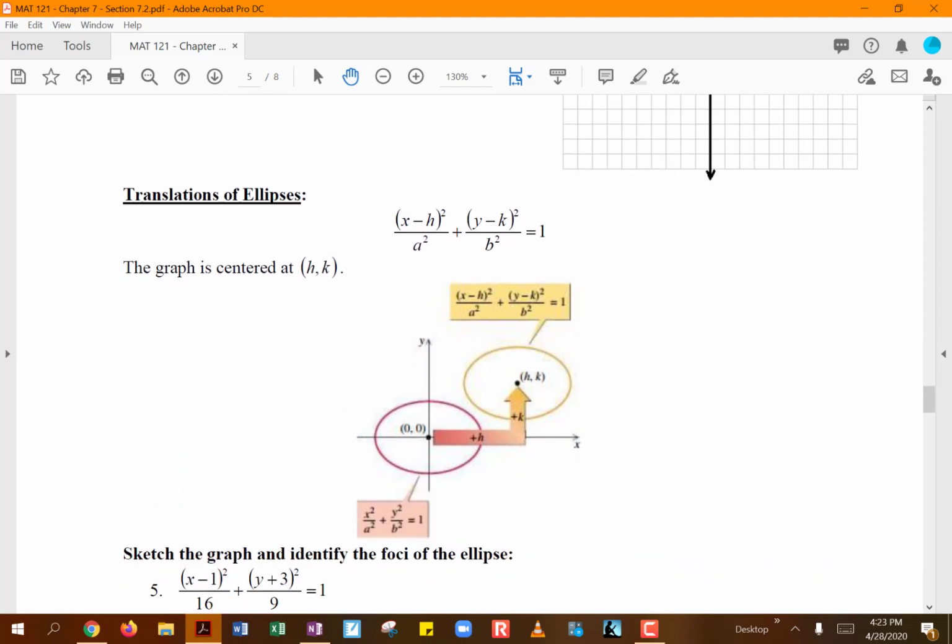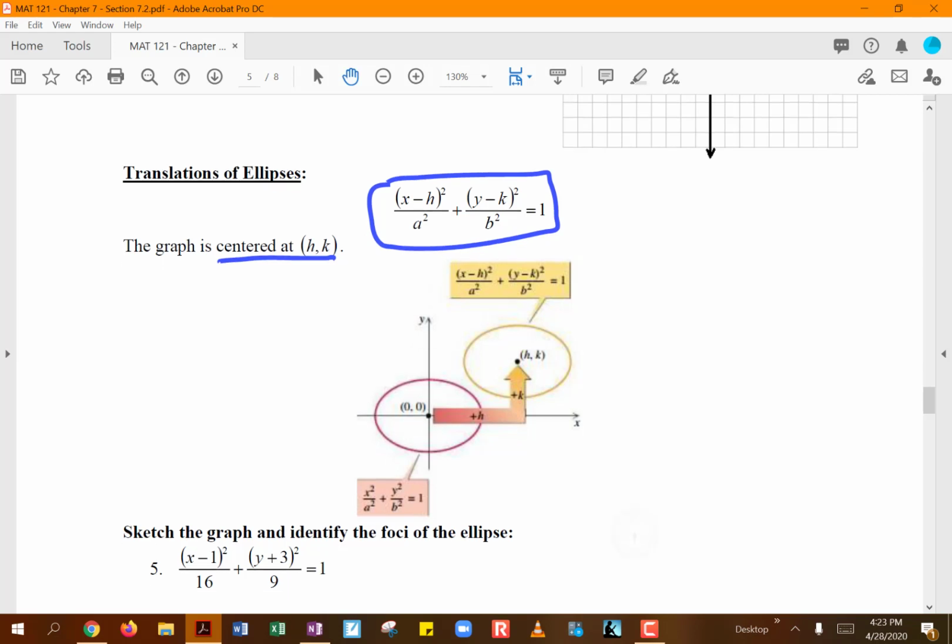Now, so far, all the ellipse examples we have seen have been centered at (0, 0), but what happens if our graph was centered at (h, k)? So if, again, it was an ellipse that had a horizontal major axis, but this time not centered at (0, 0), but instead the center was at (h, k), then you can see your equation would actually modify, and you would have (x minus h) squared divided by a squared plus (y minus k) squared divided by b squared equals 1.